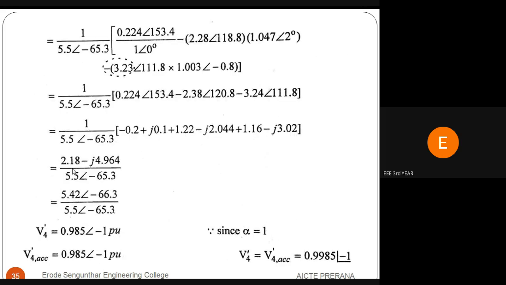After rearranging the equation and converting all the polar form to rectangular form or rectangular form to polar form, solve all the steps, and finally we will get the final answer V4 dash equal to 0.985 at an angle minus 1. I said earlier V4 dash and V4 accelerated are the same. Why? Because alpha equals 1.